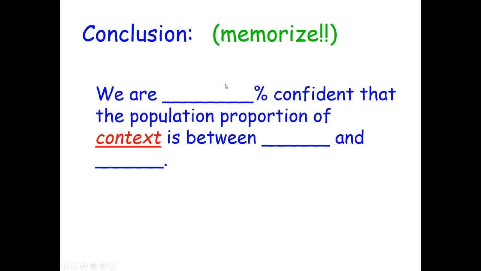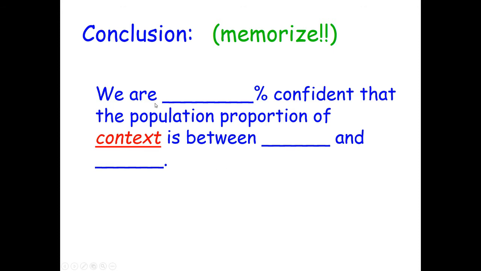And so here is something you need to write down. This is the conclusion for a confidence interval. We are blank % confident, so we're like 95% confident, 99% confident, 90, that the population proportion of whatever we're talking about is between blah and blah, the two endpoints of our confidence interval.